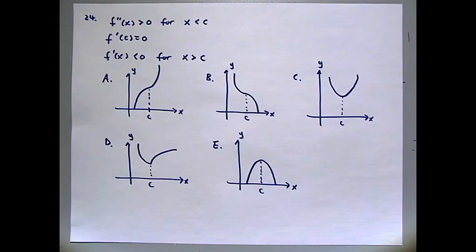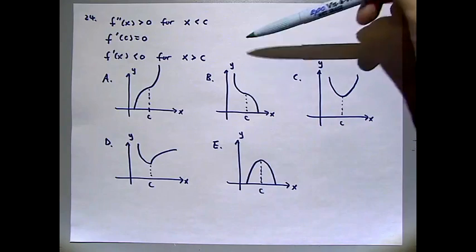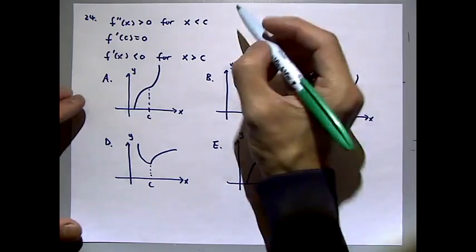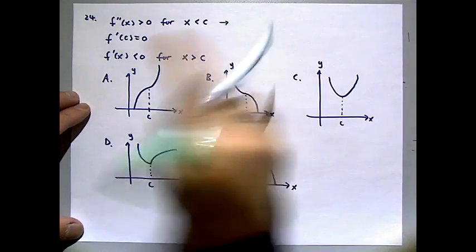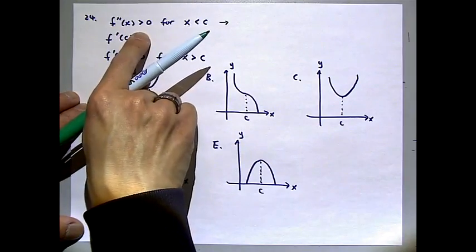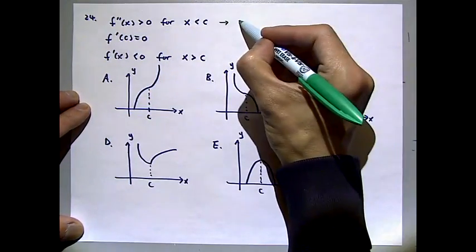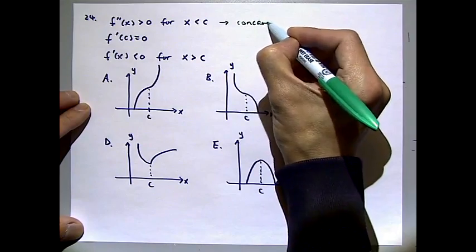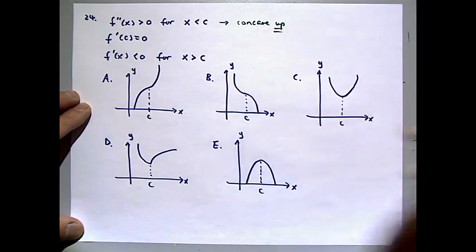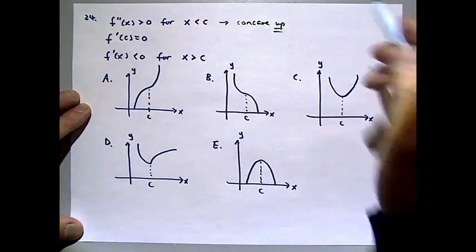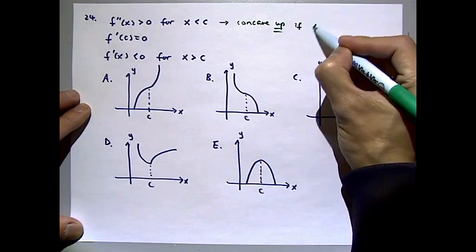All right, so now you just have to make sure you understand each of these three and then match it up. The first one says that f double prime is positive for x less than c. It means that the graph should be concave up, for positive second derivative, whenever x is less than c.